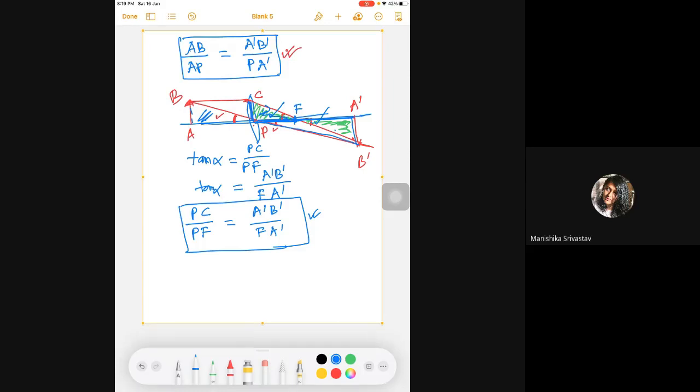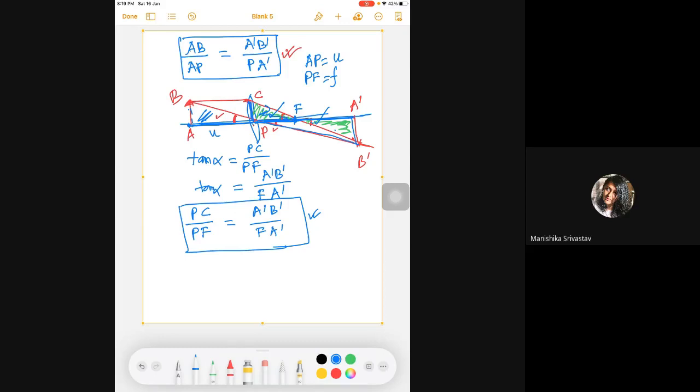Now PA, so this is my object. So PA or AP is the object distance. So this distance we consider as u. So if I write here, AP equals u, that is the distance of the object. And PF is small f, that is the focus.